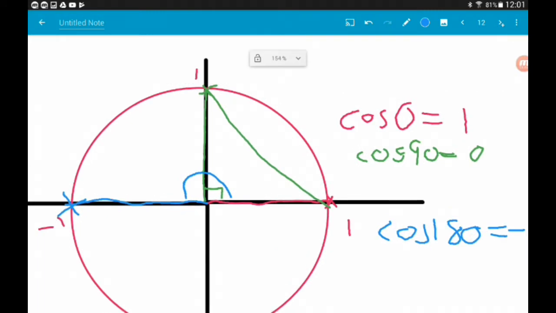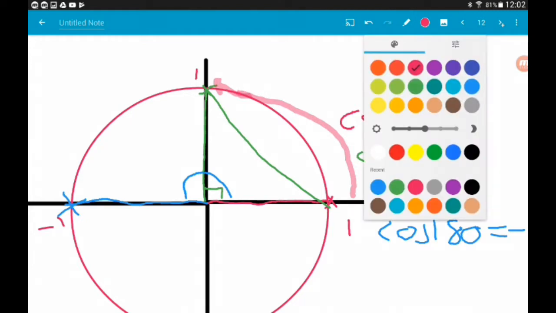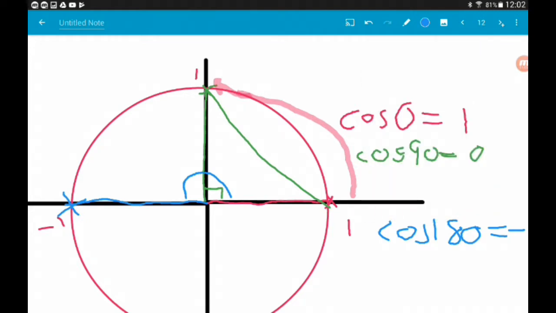So what's happened so far? When we started with theta equals 0, we were at 1. As theta got closer to 90, cos of theta decreases, so our value has decreased until we got to 0. But then as theta keeps on increasing, we start to get further and further away from the origin, and we get down to a value of -1.